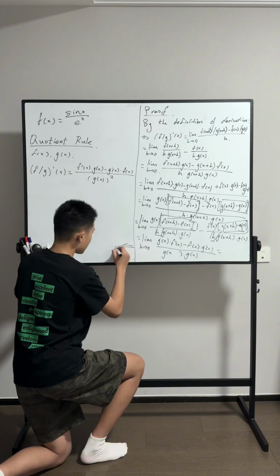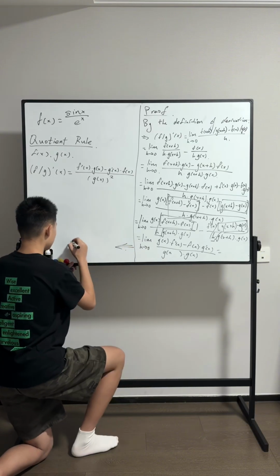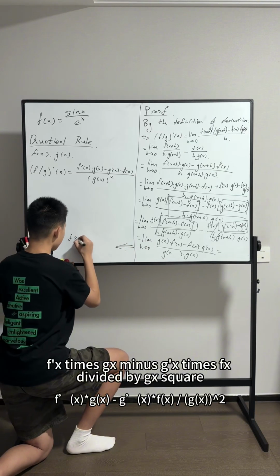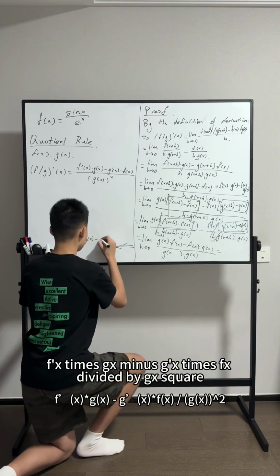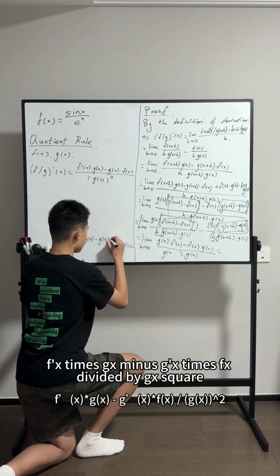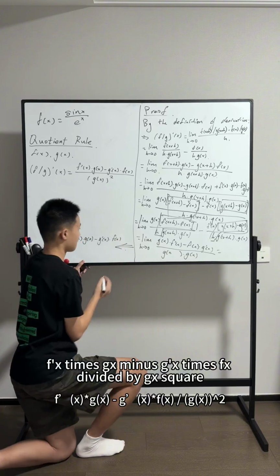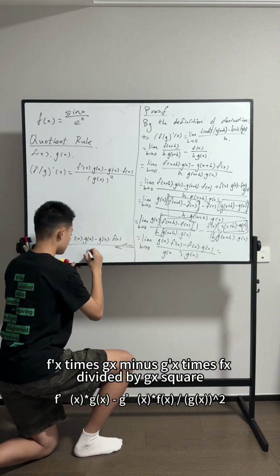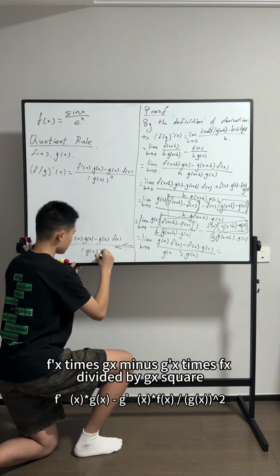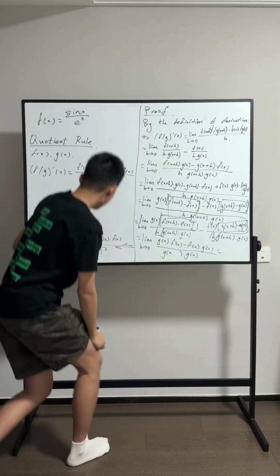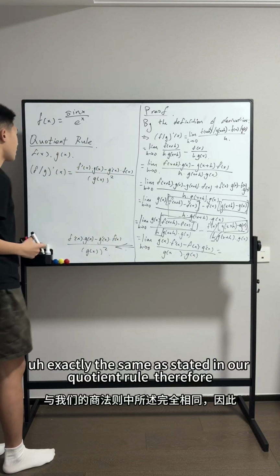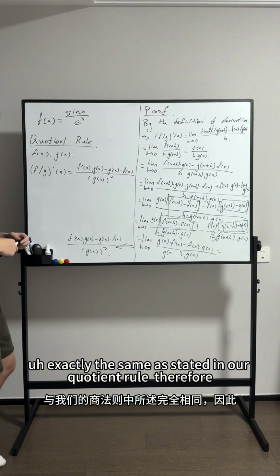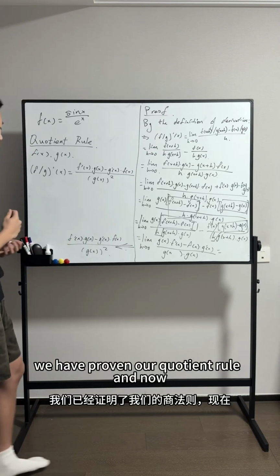So therefore, we get our answer, f prime of x times g of x minus g prime of x times f of x divided by g of x squared. And this is exactly the same as stated in our quotient rule. Therefore, we have proven our quotient rule.